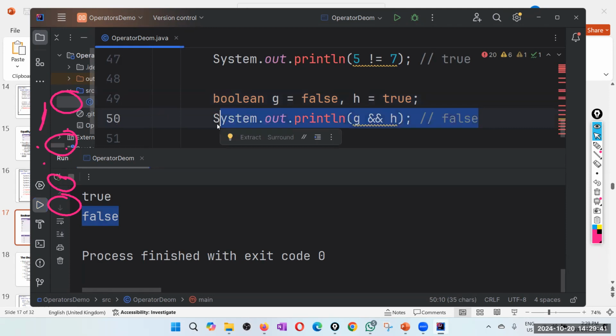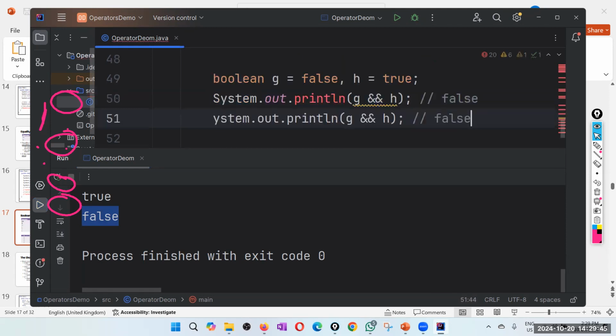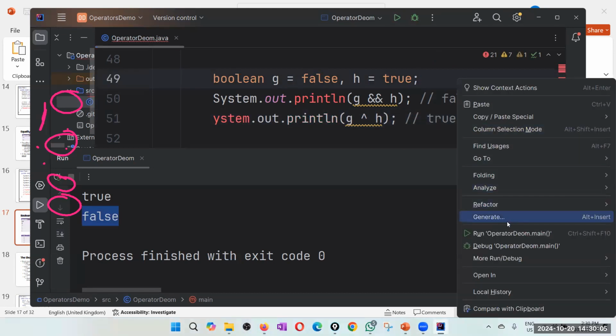But if I say XOR, false XOR true is true. Right? So if I use XOR, this is the symbol we use for XOR. So not this, but this. Now it will say true, because false XOR true is true. Now it should be true again.